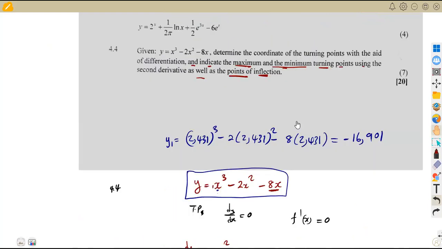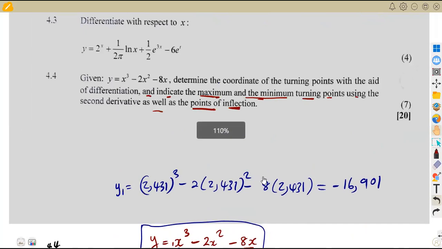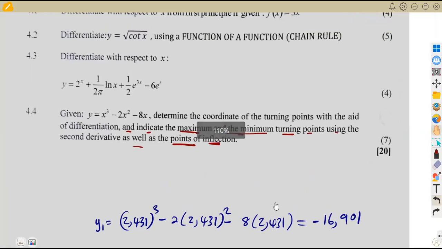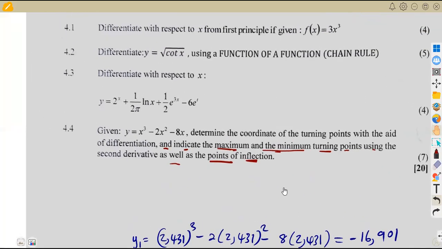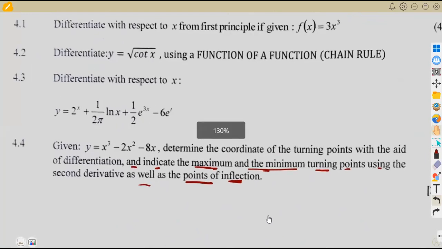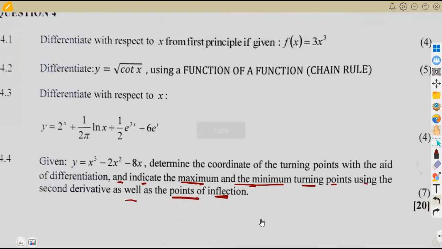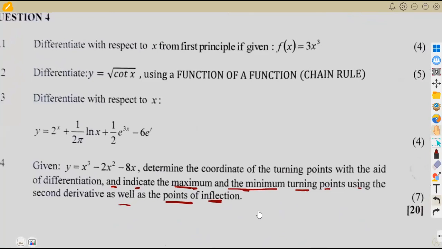You can determine the turning points and their nature, whether maximum or minimum, and you can also determine the point of inflection from the derivatives. These are the typical questions that you'll be given in your final examinations.